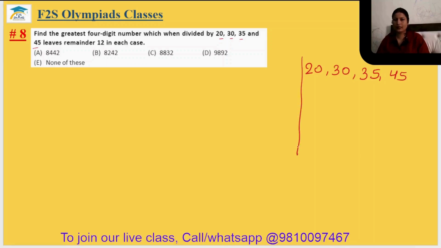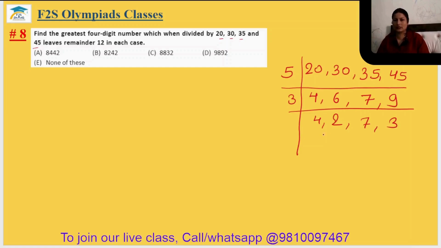We can take 5 as the common factor: 5 fours are 20, 5 sixes are 30, 5 sevens are 35, 5 nines are 45. Then we can take 3, 4, 3 twos are 6, 3 threes are 9. Now we can take 2, 2 twos are 4, 2 ones are 2, 7 and 3. Now I think all are co-prime numbers.